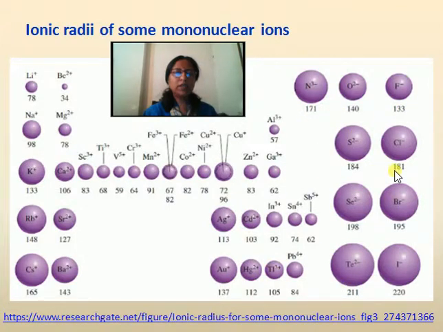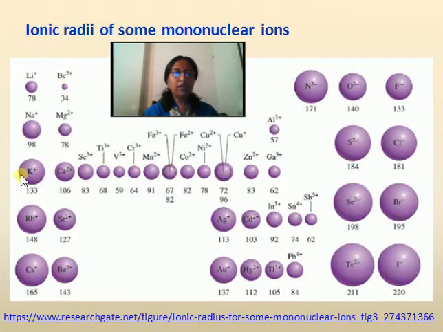So it is difficult to compare these values with the right side values, but we can compare among these anions or among these cations. And here you see, as we are going down, the ionic radii value is increasing. It's true in case of cations, and it is true in case of anions as well.